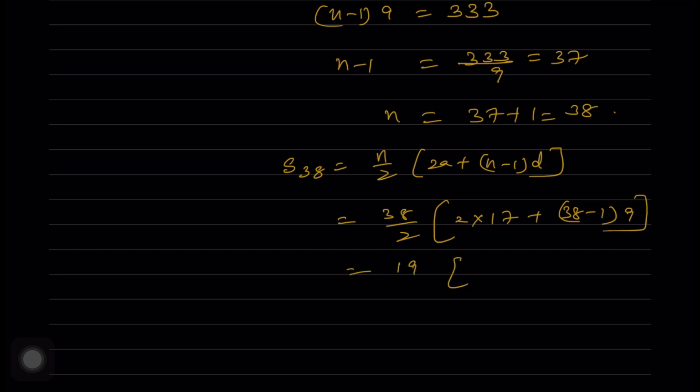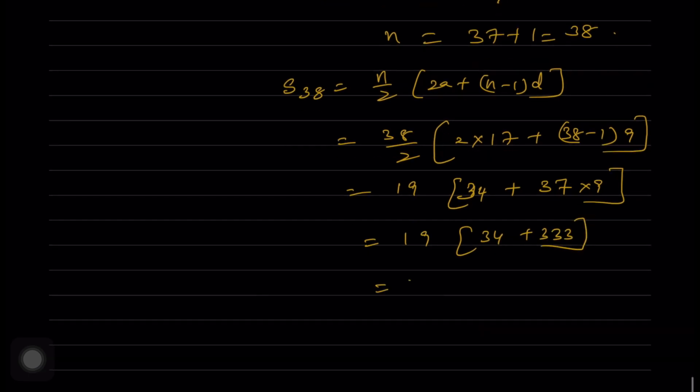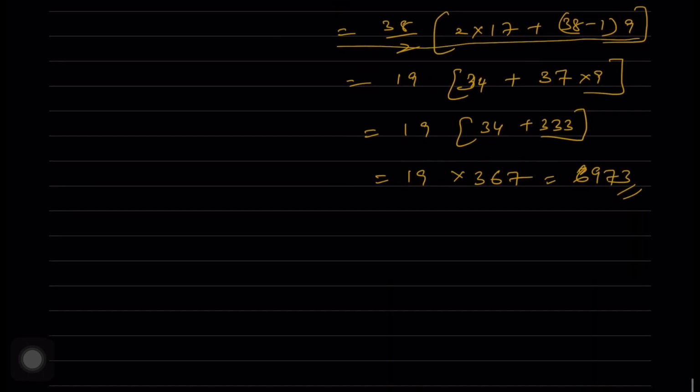So which is equal to 19 into 34 plus 37 into 9, which is equal to 19 into 34 plus 333, which is equal to 19 into 367, which is equal to 6973.